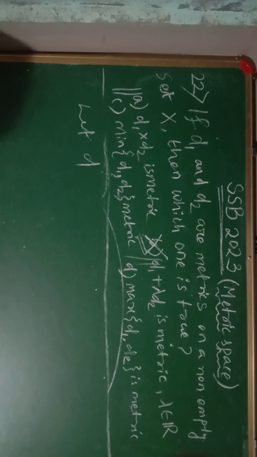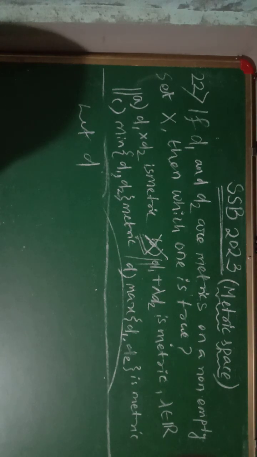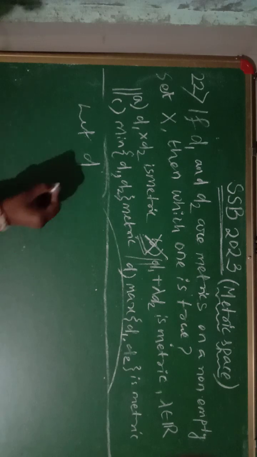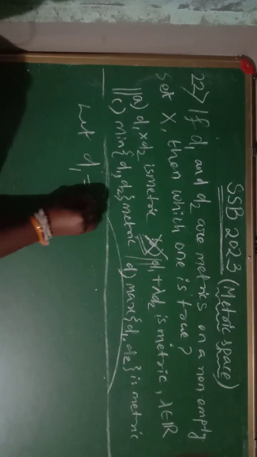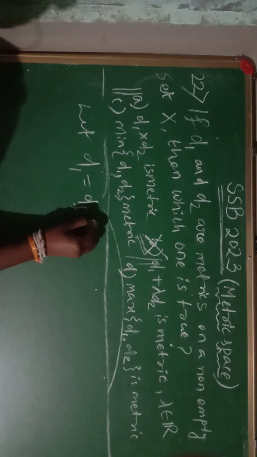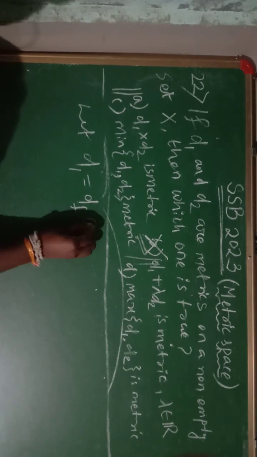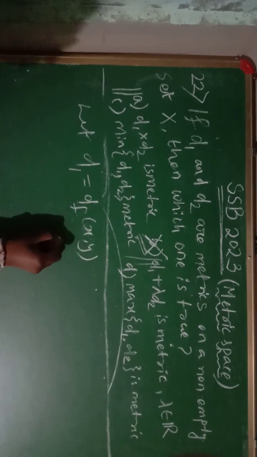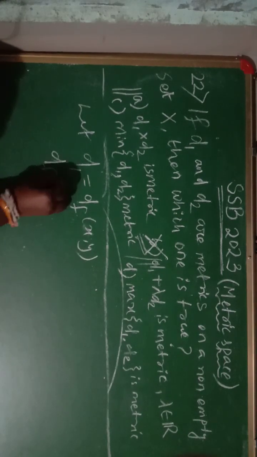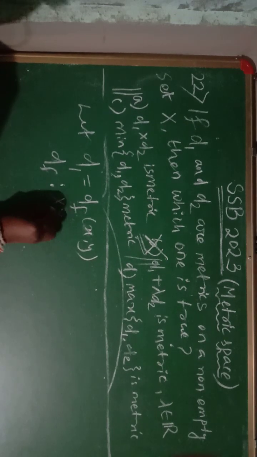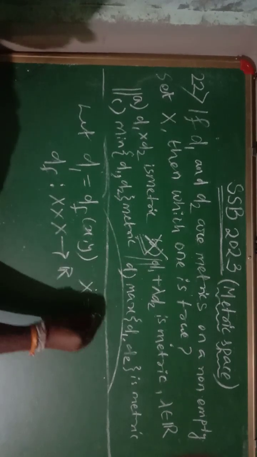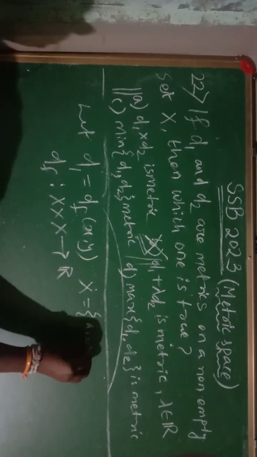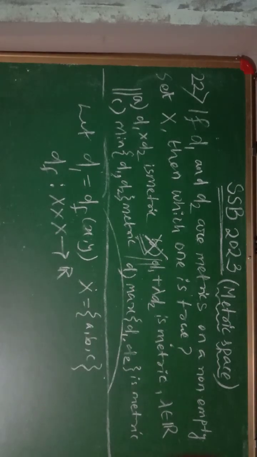We have to define a metric such that we define D1 and D2, two metrics, such that D1 equals DF, where F is a mapping from X to R. Suppose I take X equals to only A, B and C.